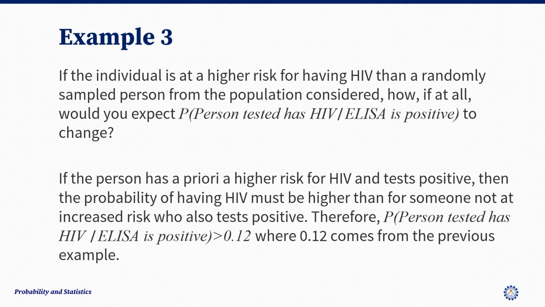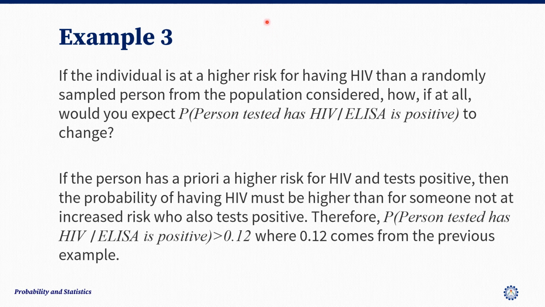The answer would be, if the person has a priori a higher risk for HIV and tests positive, then the probability of having HIV must be higher also than for someone not at increased risk who also tests positive. Therefore, the probability of person tested has HIV given that ELISA is positive is greater than 0.12, where 0.12 comes from the previous example.